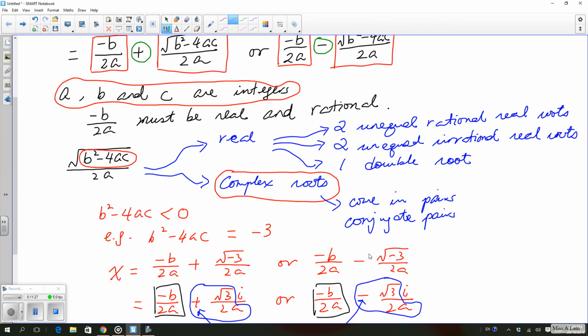And similar thinking can be applied to this case.